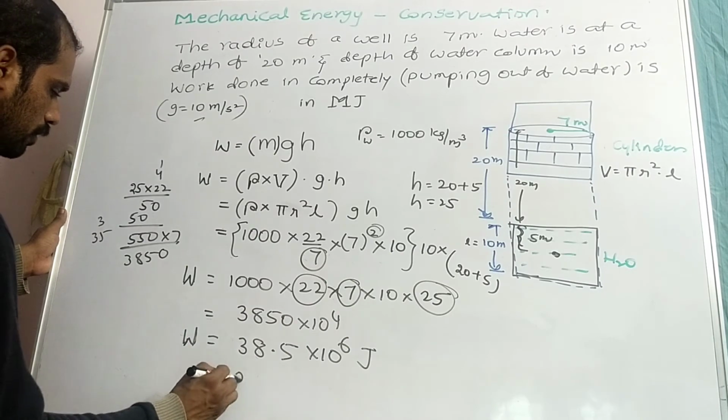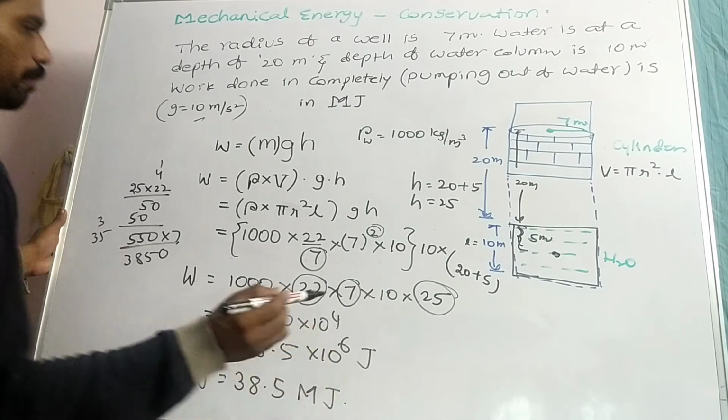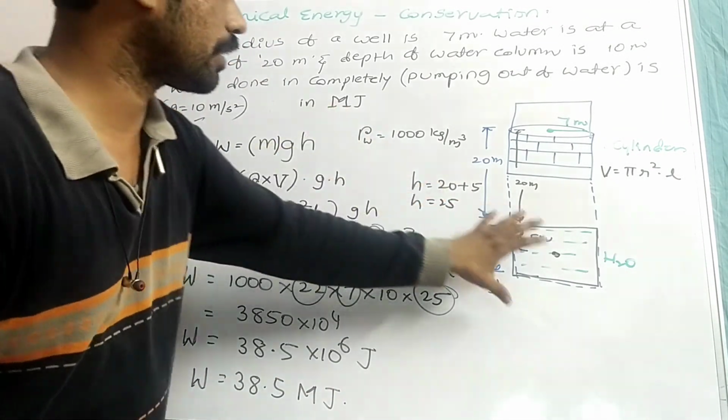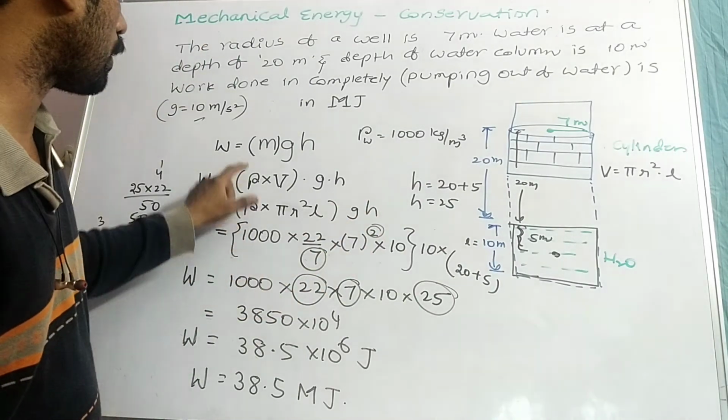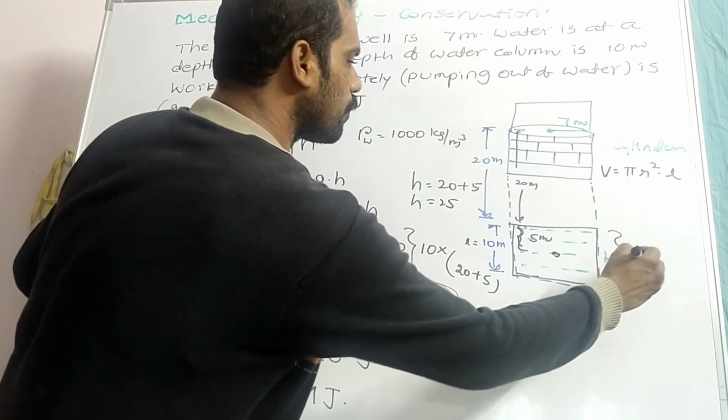Now W is equal to 38.5 megajoules. See here we have to observe that while we are calculating the mass of the water, we have to take the entire length of the liquid column.